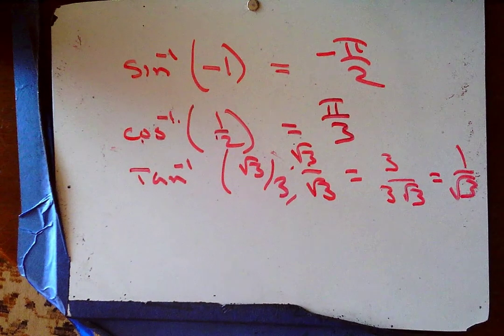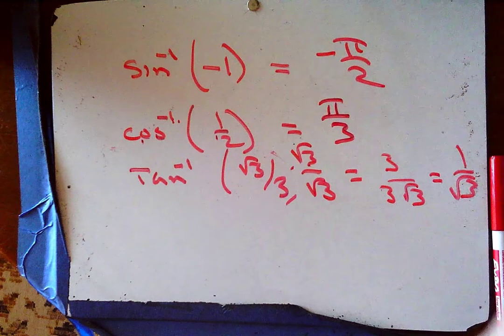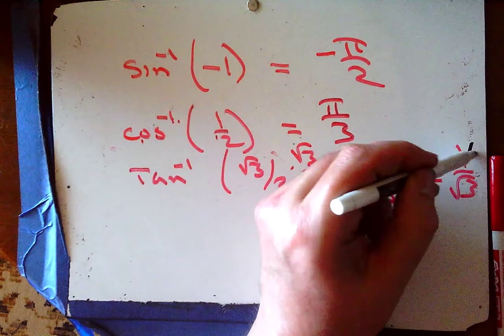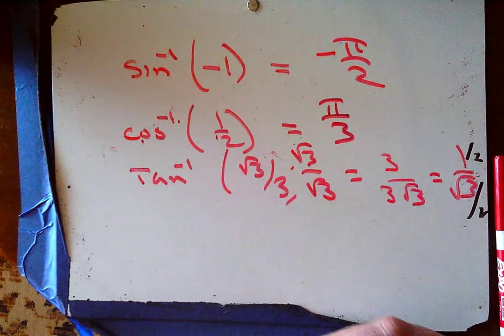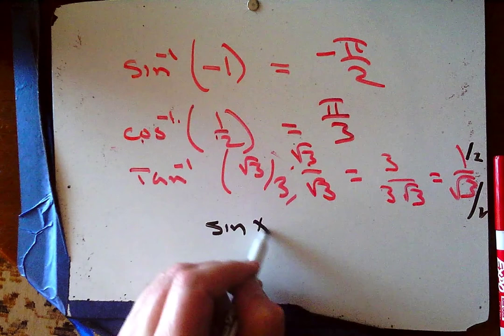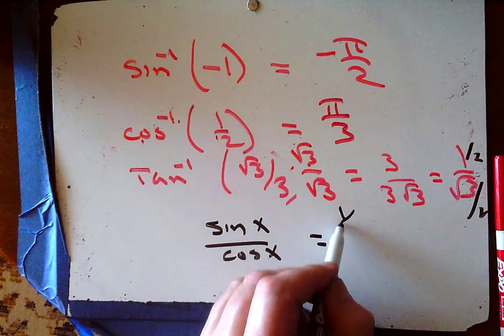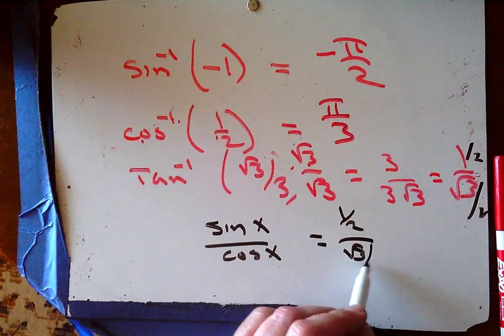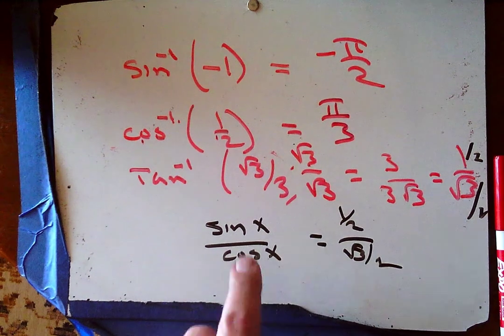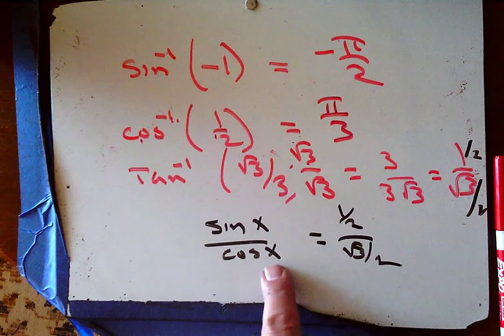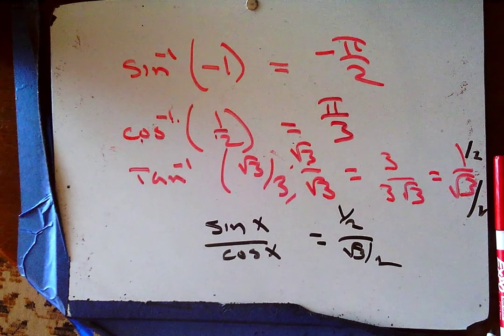Now you may be saying, I still don't recognize that, and that's reasonable. But if we divide the top by 2 and the bottom by 2, we know that sine x over cosine x would be 1/2 over root 3 over 2. So when is the sine equal to 1/2? When is the cosine equal to root 3 over 2?